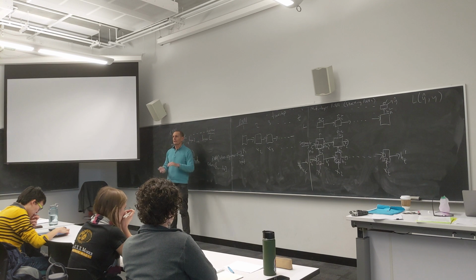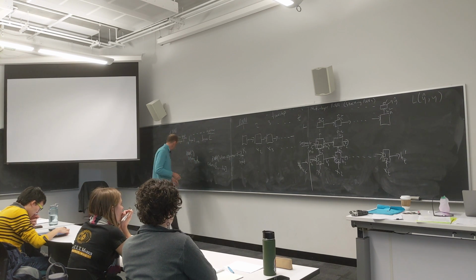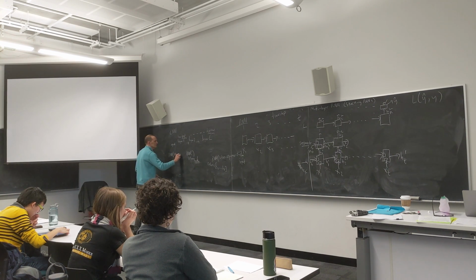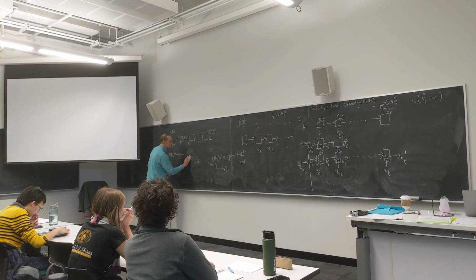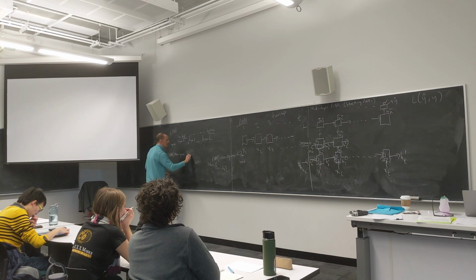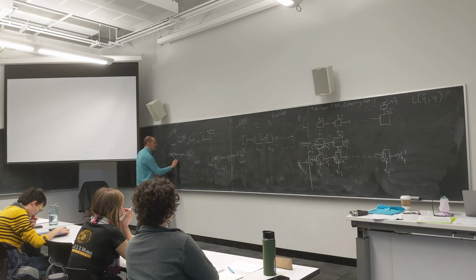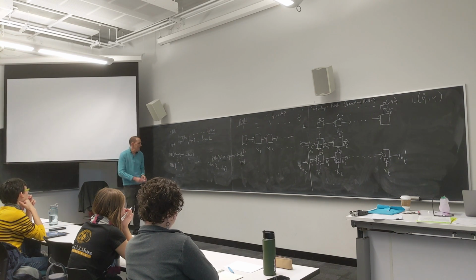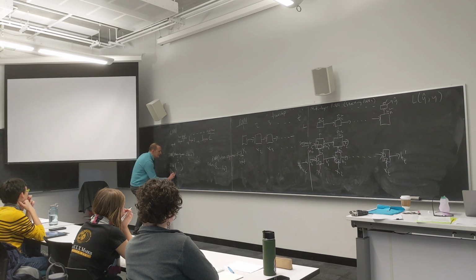You'll have RNN with return sequences equals true, some set of those, and then a final RNN without return sequences equals true, and then you'll do one dense layer.